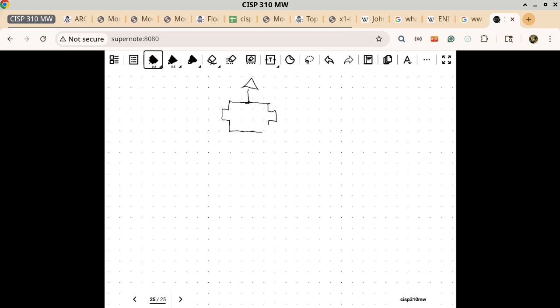So I'm going to draw the circuit here. You don't have to draw that. This is just me illustrating things. So you don't have to draw this if you don't want to. I don't even care where the gates are connected to, because it's not the important part of this discussion.